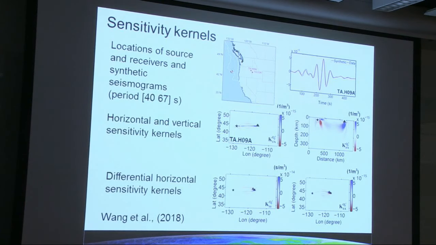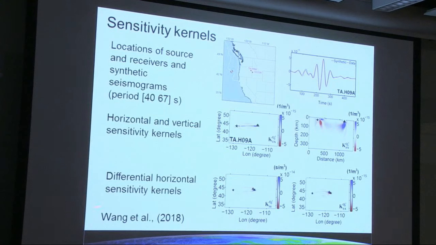That is, if we put a small Q perturbation in the ray path, that will produce a positive parameter perturbation, since 1 over Q becomes larger. And then we have the kernel positive, the model perturbation positive, so we will get a positive perturbation on the measurements. That means the amplitude of the data will become smaller when we add the low Q perturbation in the ray path.